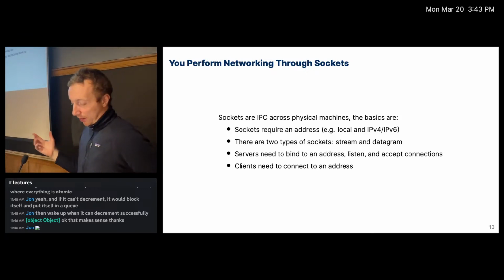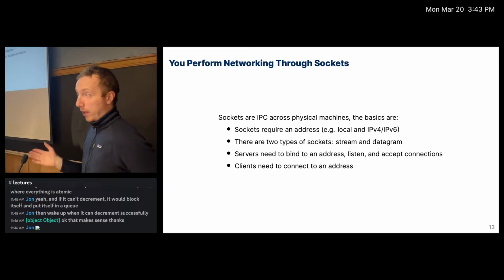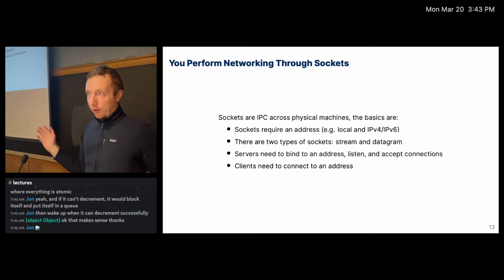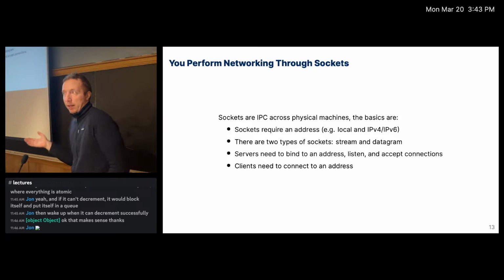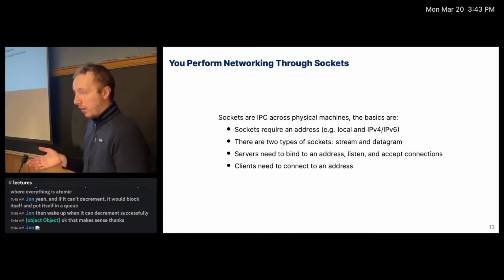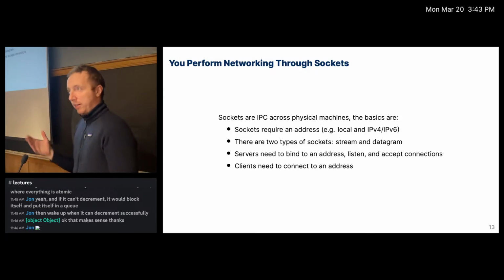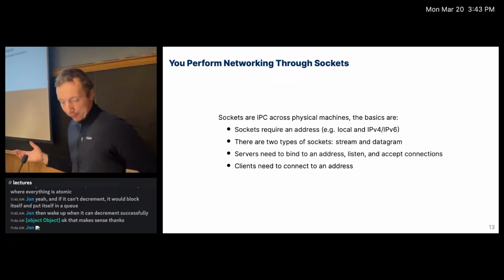So there's two types of sockets: stream and datagram. Stream sockets are always in order, with a persistent connection, so you know whether or not that connection is broken. Datagram is just like throwing messages out into the wind. You don't know if they'll get there, but you hope they will. They might not be in any particular order, and that's just how they work.